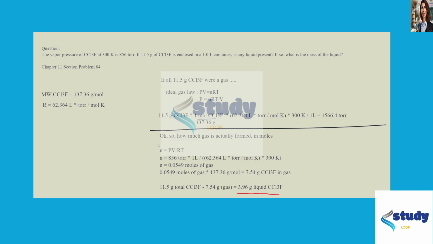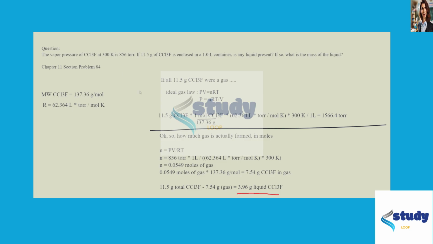To calculate how many moles of gas are actually able to be formed, we just rearrange the ideal gas law a little bit differently. So N is going to be equal to PV over RT, which is the number of moles of gas.